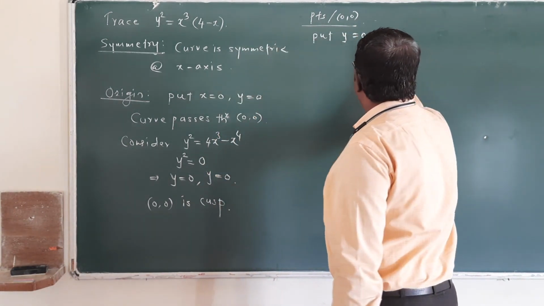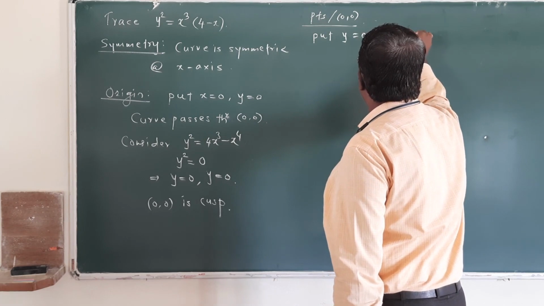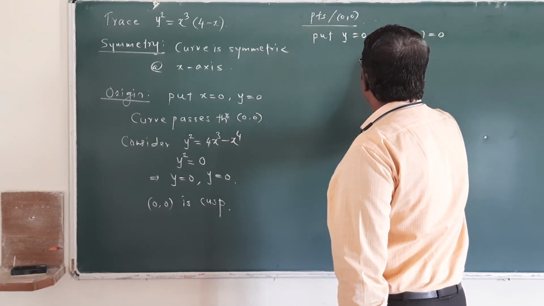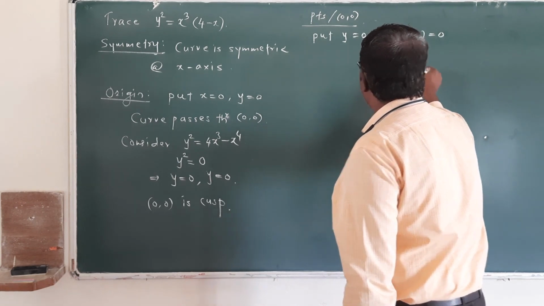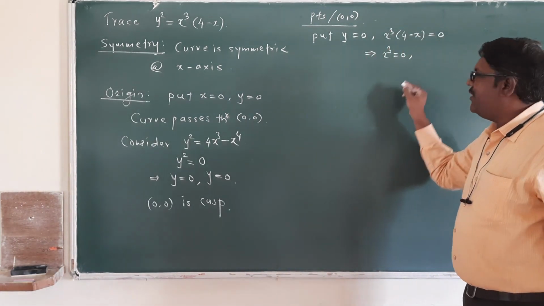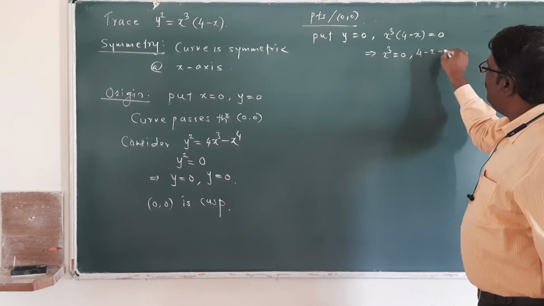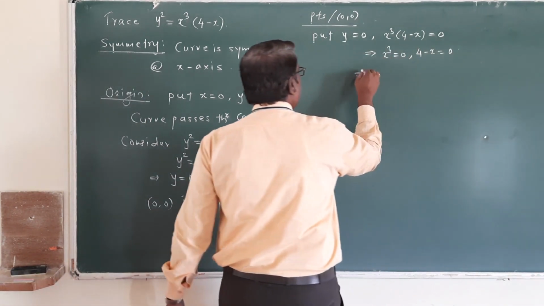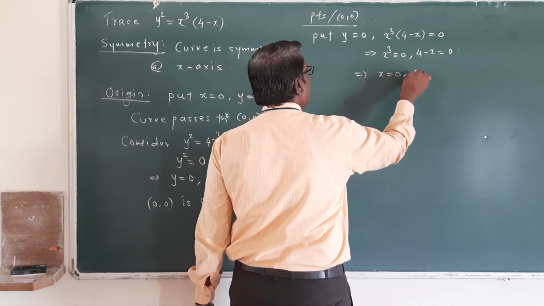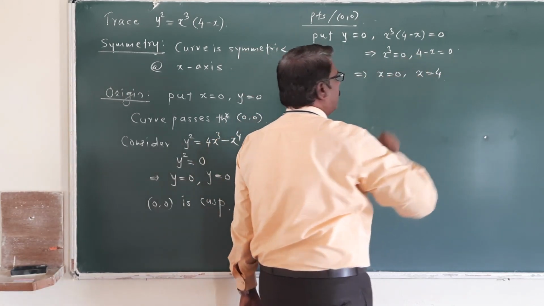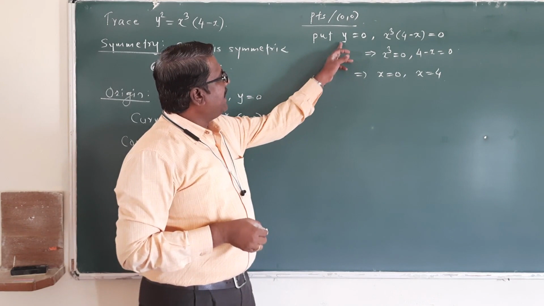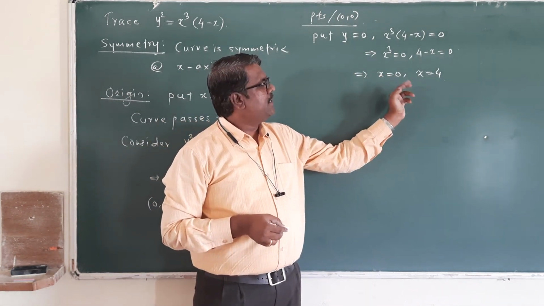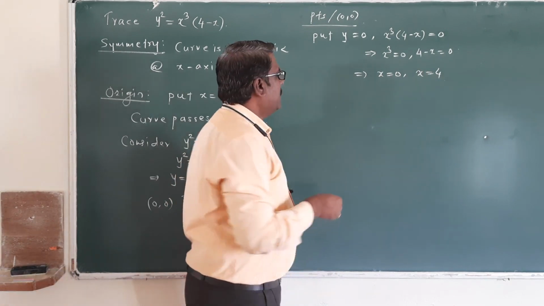We get x cube into 4 minus x is equal to 0. This implies x cube is equal to 0 and 4 minus x is equal to 0. So this will give us x is equal to 0 and x is equal to 4. So by putting y 0, we got two values of x, that is x is 0 and x is 4.